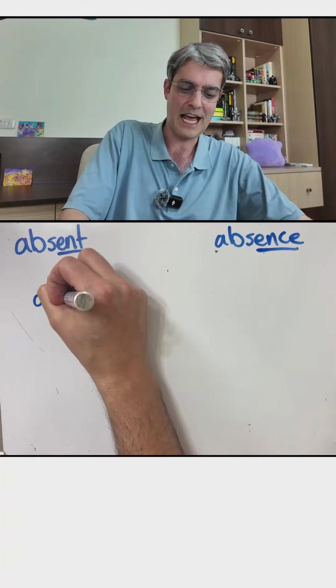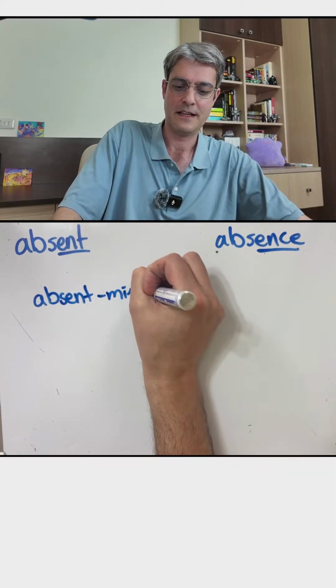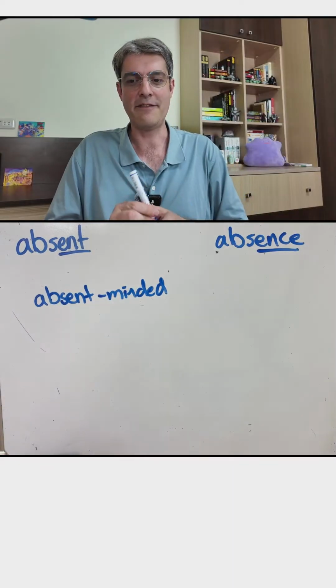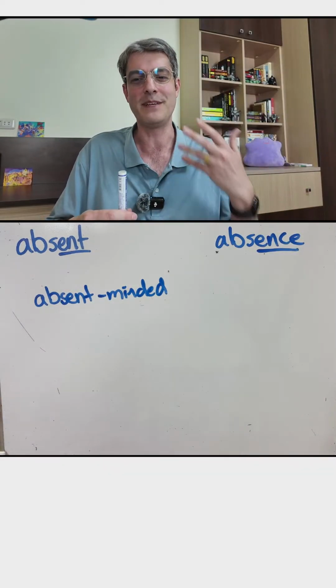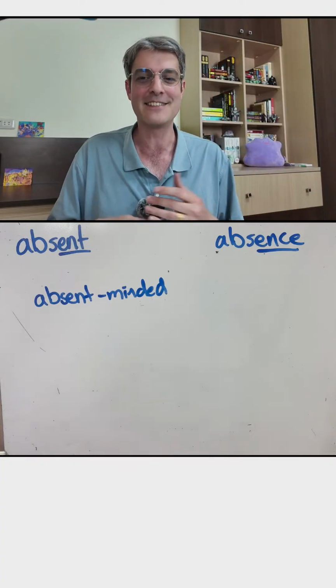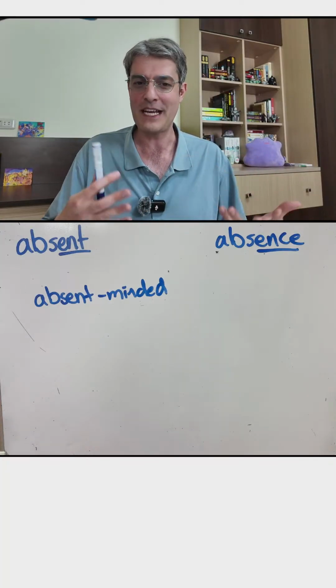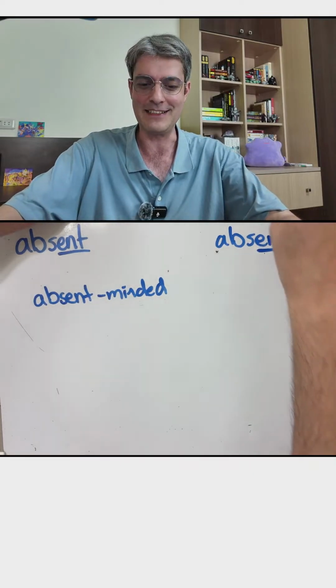But we have a useful expression, to be absent-minded. And this means being forgetful or inattentive. So someone who forgets things a lot or doesn't pay attention too often, we can say that he or she is absent-minded.